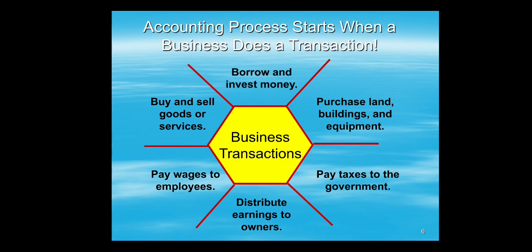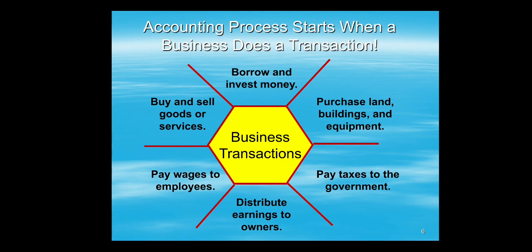These are examples of transactions that a business will make. First, buying something. A business purchases something or buys something, that is a transaction. A business sells something, that is also a transaction. A business pays wages or salaries to workers, that is a transaction.